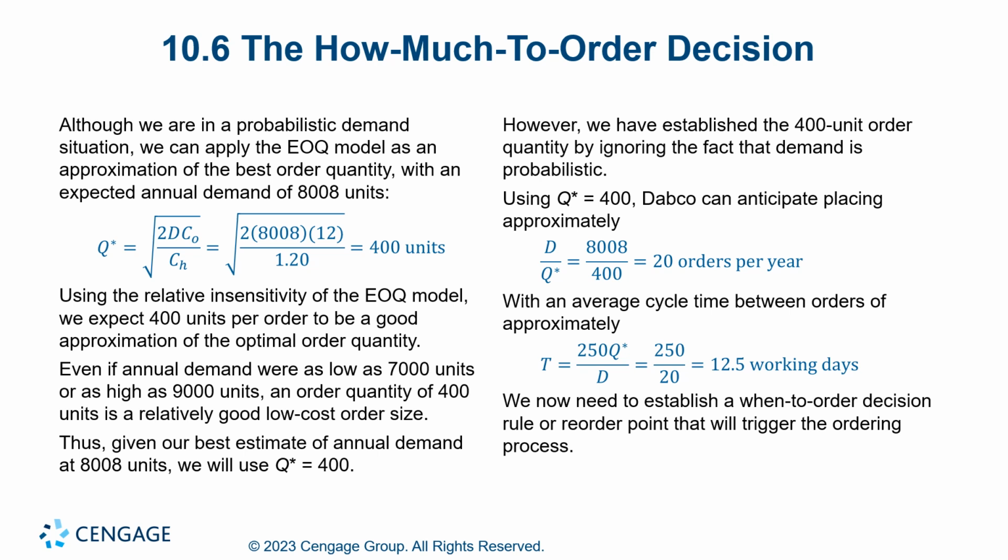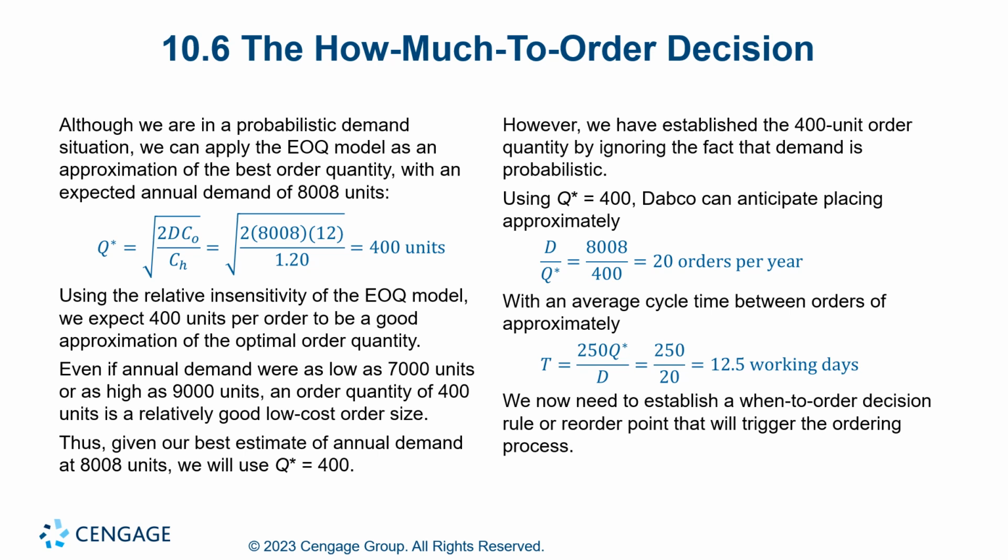An order quantity of 400 units should be a relatively good low-cost order size. Therefore, given our best estimate of annual demand at 8,000 units, we will still use Q optimal of 400. So we have established the 400 units order quantity, and we ignore the fact that the demand is probabilistic.